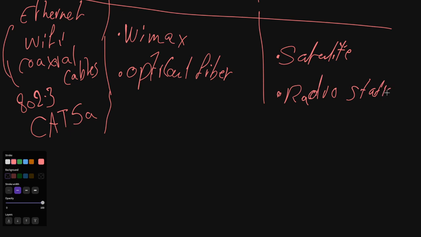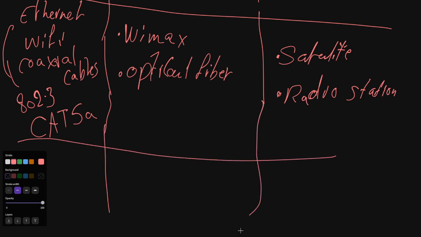They can go through cities, they can go beyond cities, they can go to country sizes. So that's also one of the things that differs a LAN from a MAN from a WAN.